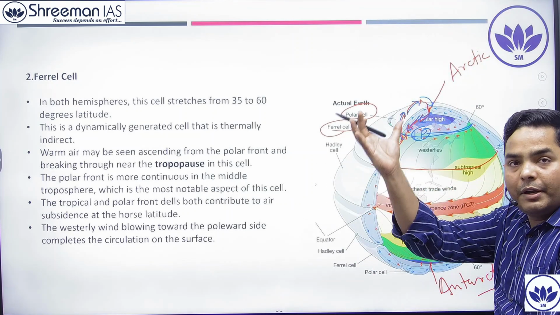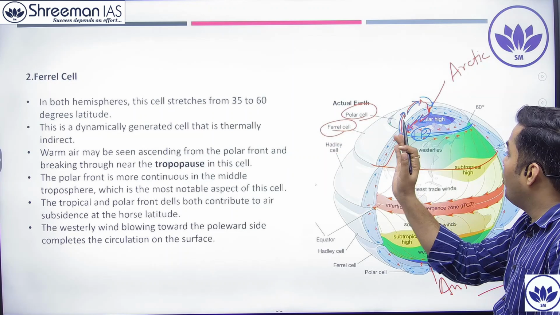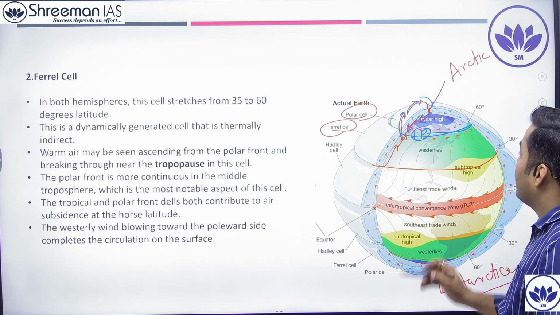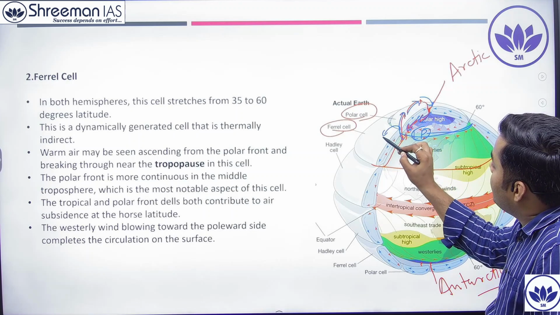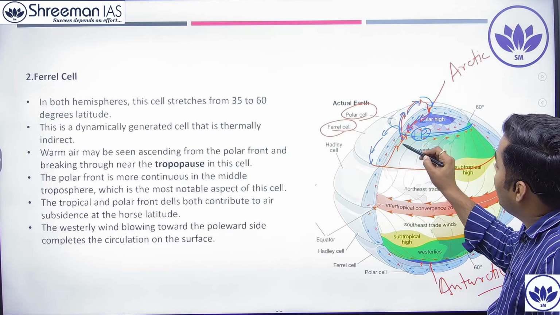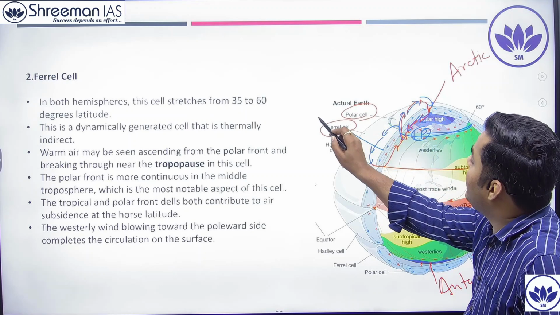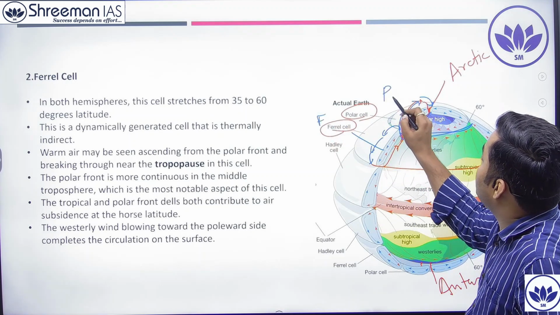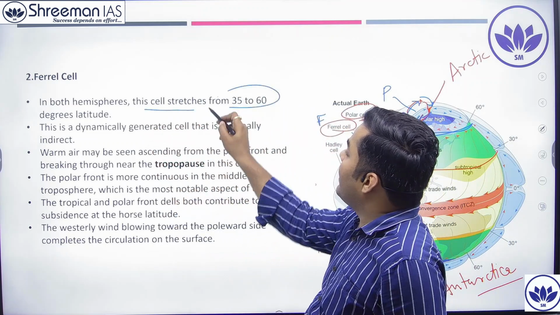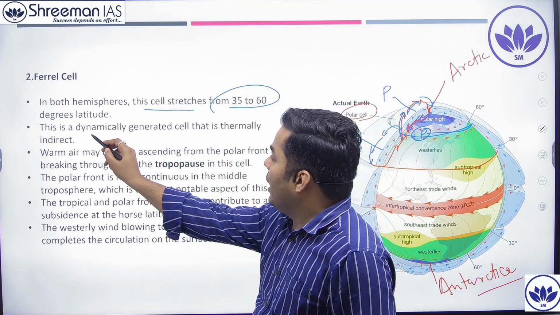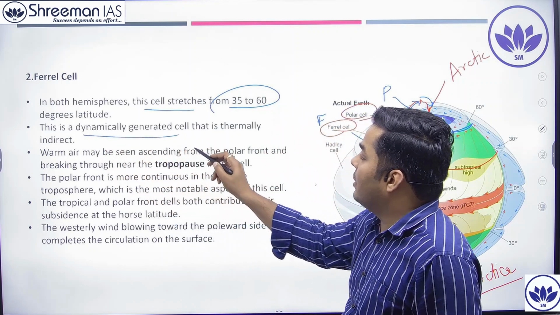Where the upliftment happens, a low pressure area will be there. So this is the low pressure area and some air mass will move toward this side. Hence this Ferrel cell will be formed and this is the polar cell. So in both hemispheres this cell stretches from 35 to 60 degrees latitude and it's a dynamically generated cell.